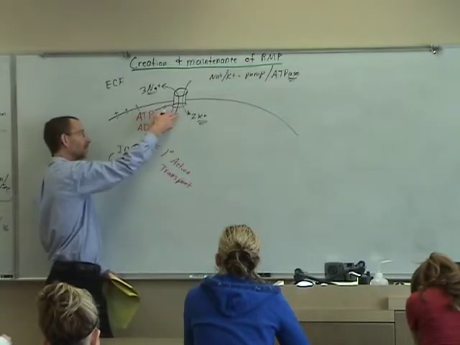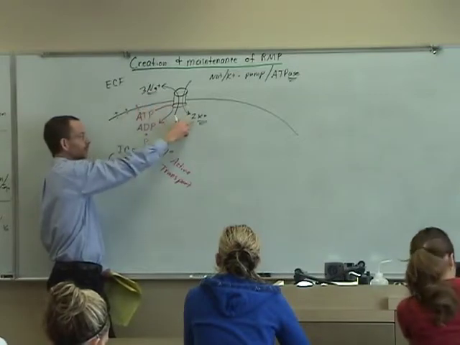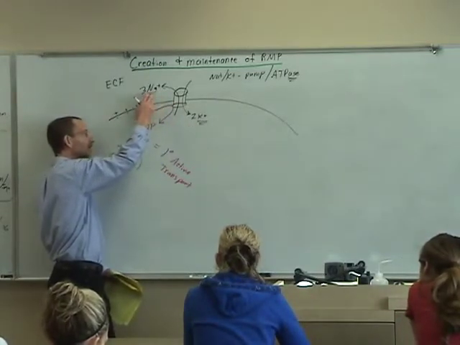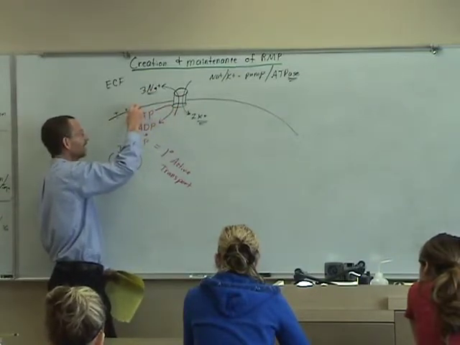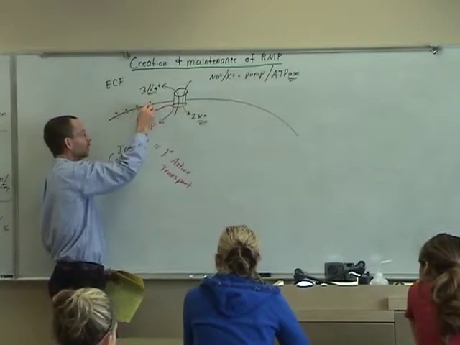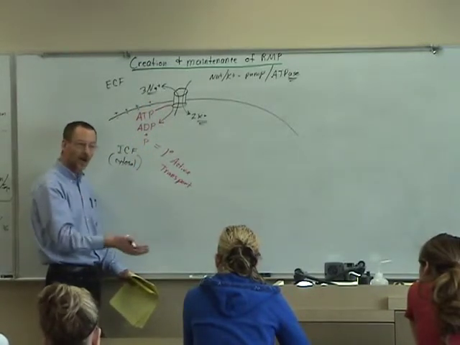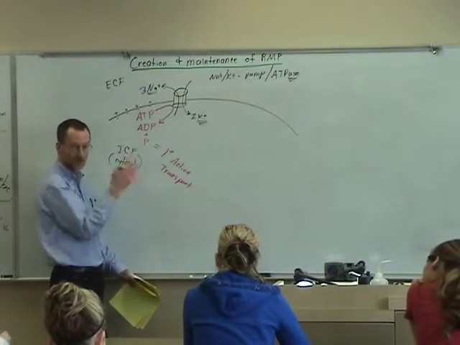More of these positively charged ions are pumped to the outside than pumped to the inside. 3 cations going out, 2 cations coming in. That makes sense that the outer membrane is more positive than the inside. That's not what produces most of the resting membrane potential.